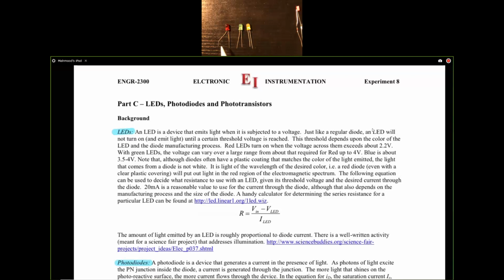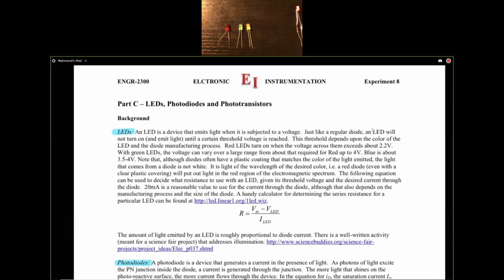So what happens when I take a red LED, for example, and I have a long lead and a short lead here. So the current is only going to be flowing from the positive to the negative side. So it has the polarity the same way as our diodes from earlier. And when I apply a certain voltage across this LED, it is going to turn on.